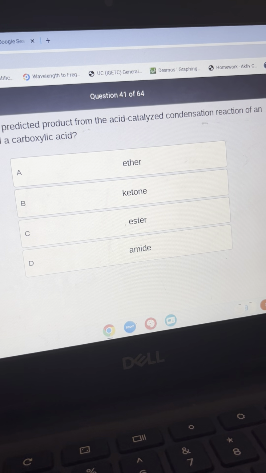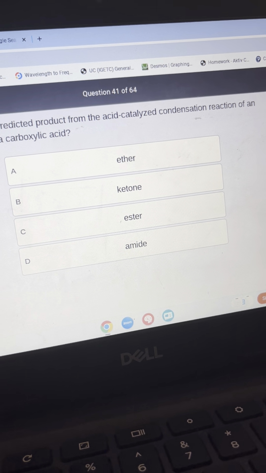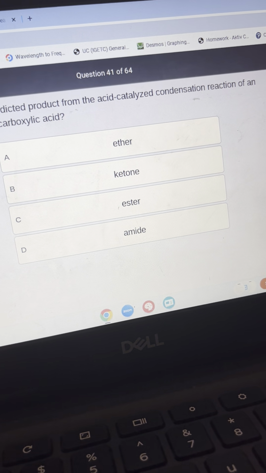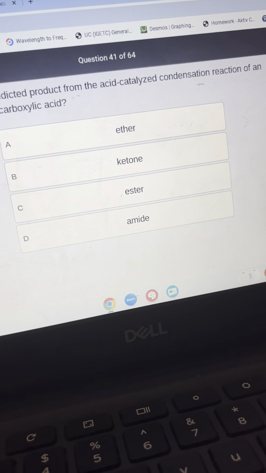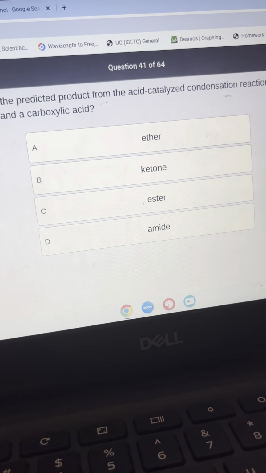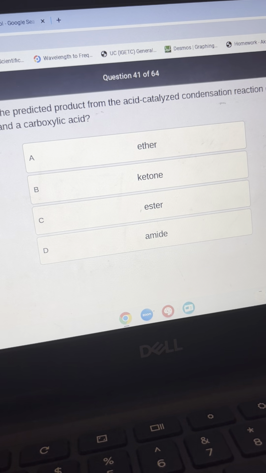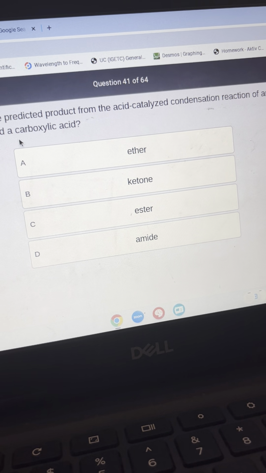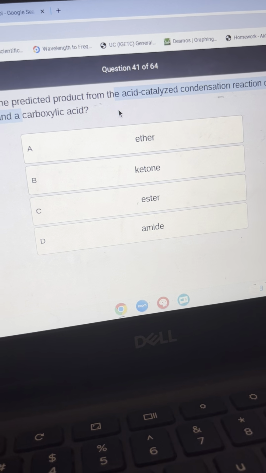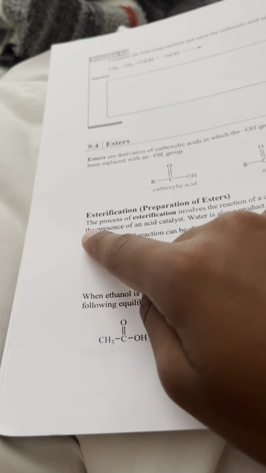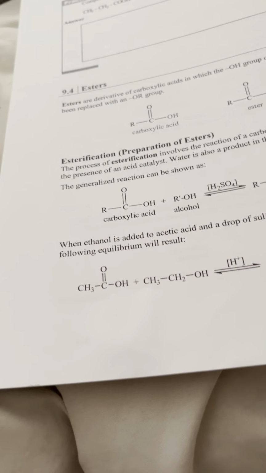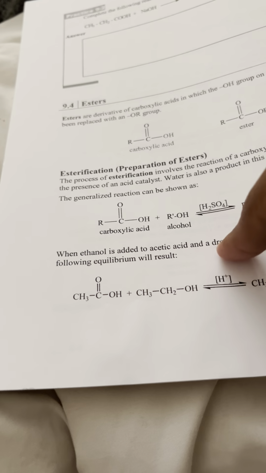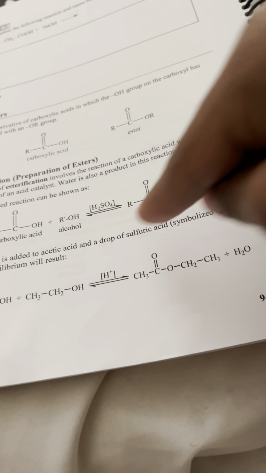Acid catalyzed reaction of an alcohol and a carboxylic acid. So that is here. Whenever you see an acid catalyst and a carboxylic acid, we are working with a thing called esterification. Esterification is you take a carboxylic acid and then you add an alcohol to it, and it turns it into an ester.